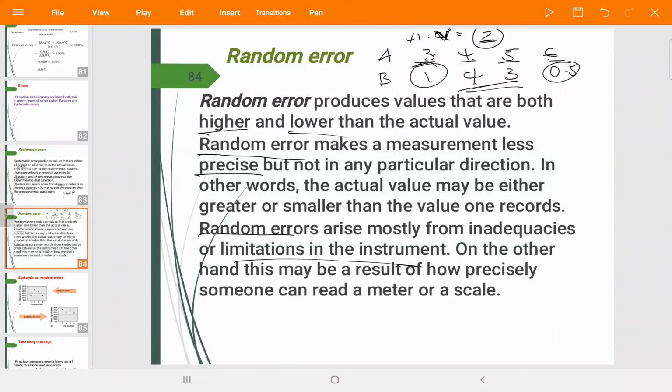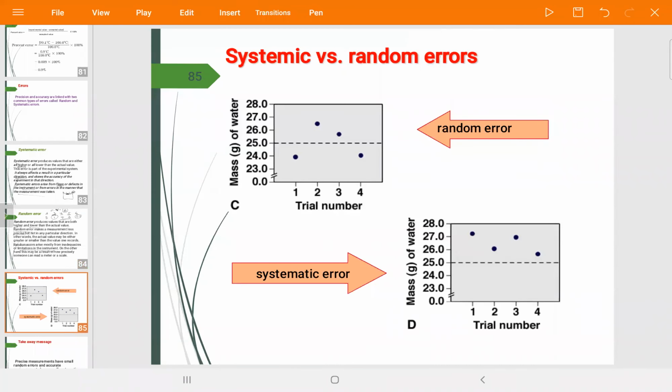All right, let's see with an example. Here in the first figure, as you can see, the values are spread.